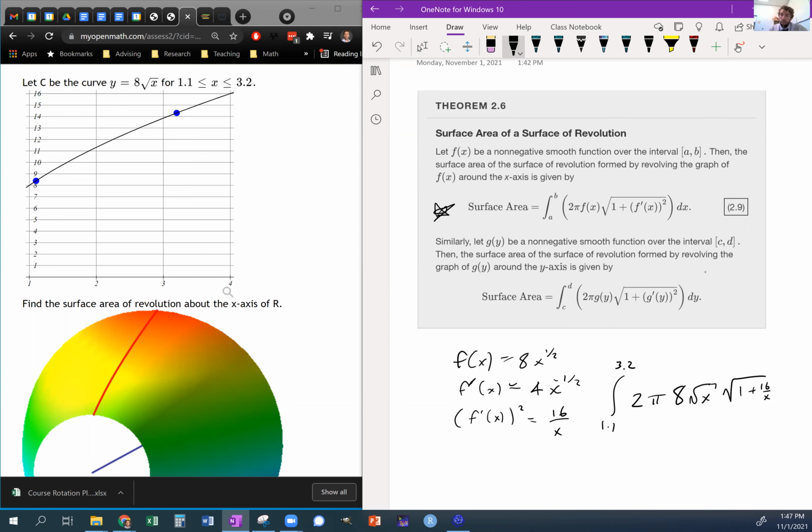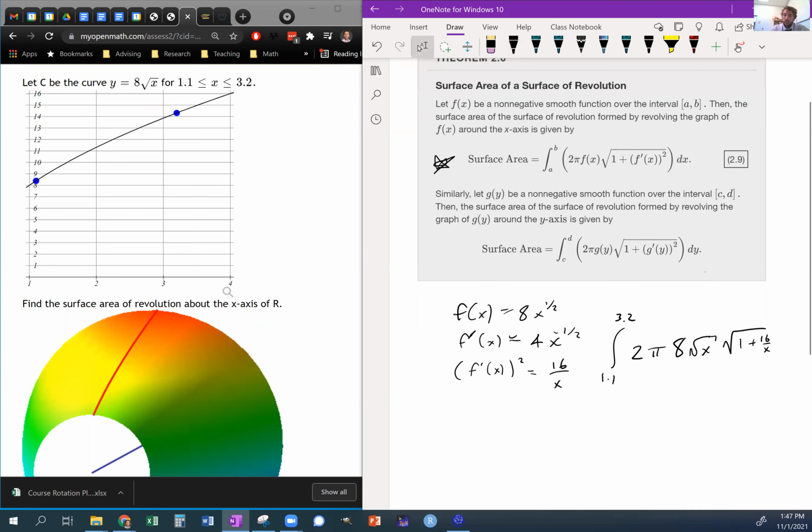Okay, so then I can multiply those things through and simplify. That becomes the integral from 1.1 to 3.2 of 16 pi times a square root. When you multiply square roots, you can multiply on the inside, so x plus 16.